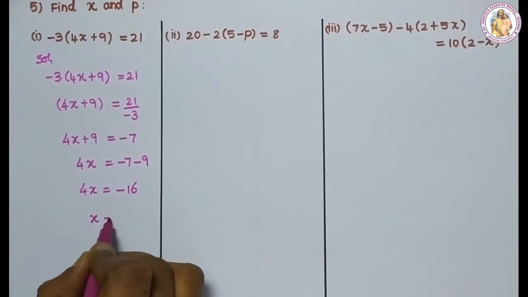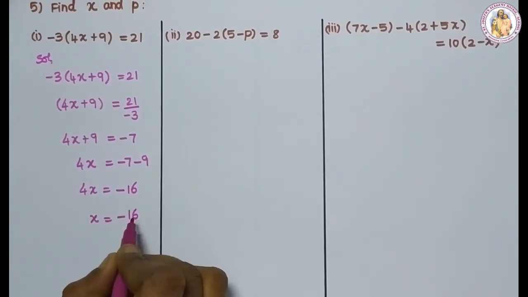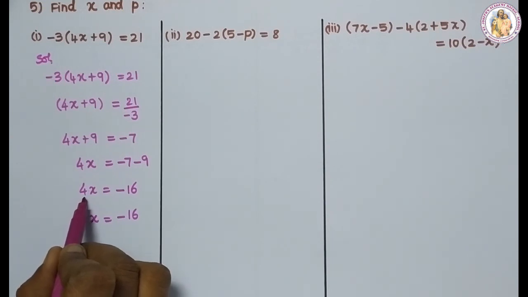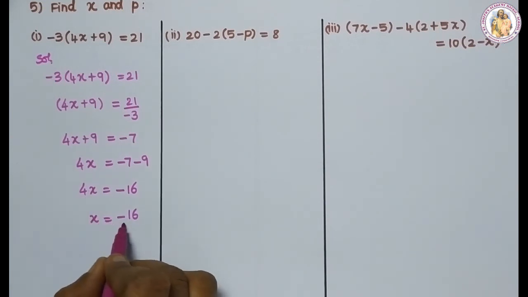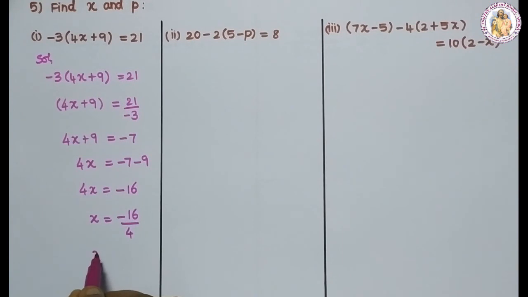So x equal to minus 16, here 4 is in multiplication, bring this side means division, so x equal to minus divided by plus, minus 16 divided by 4, 4. So the value of x is minus 4. Next sum.